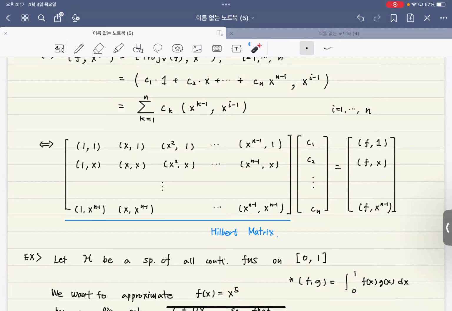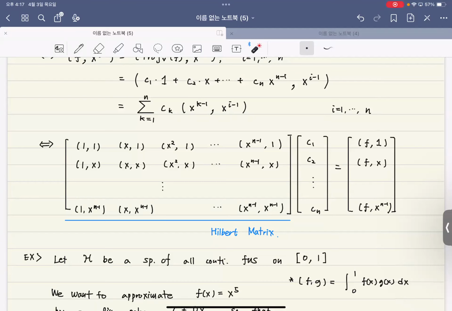Because if this number is very close to 0, then in order to obtain the number Cn, you have to divide both sides of this last equation by a number which is very close to 0. And that causes a problem, because even though your error in this number is very small, since this number is very close to 0, the small error causes a huge error in this number Cn.